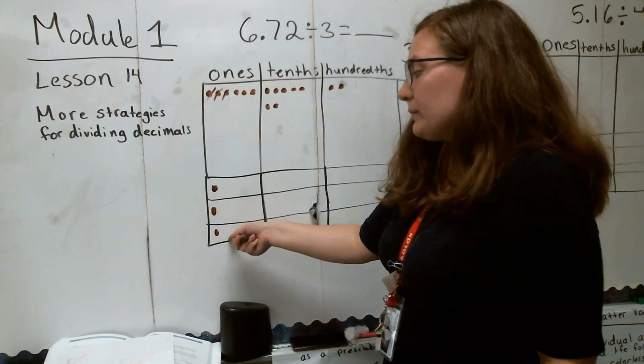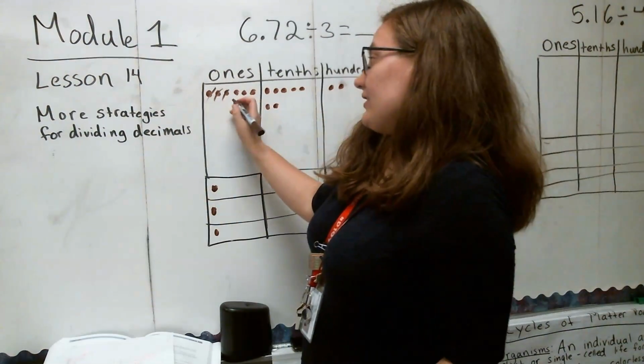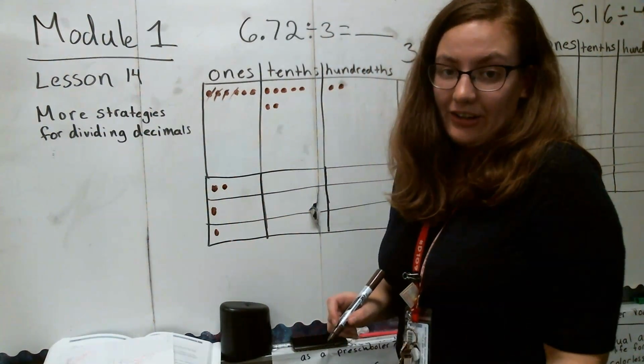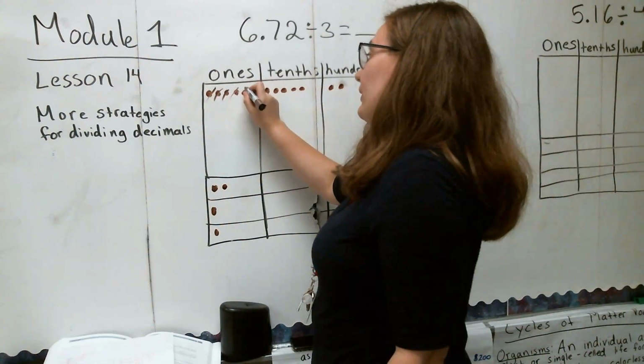Since each of these groups has one place value disc, I then continue on, but I go back up to my first group and cross off a dot, put it in a box, and then I keep going through this process.